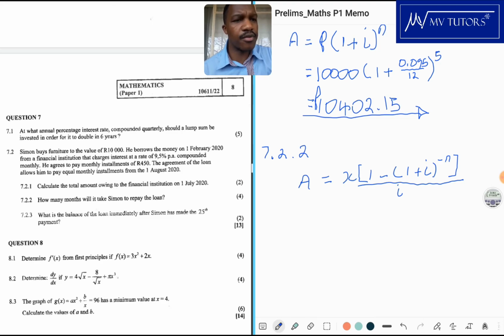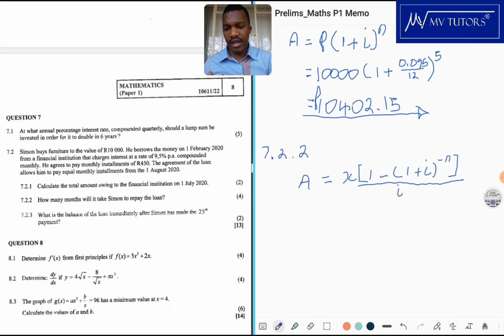Okay, let me just substitute at this point. Our A is the amount he owes. Remember, if he's starting on the 1st of August to pay, that means the amount that he's going to pay is 10,402. Why is that? It's because this formula assumes that if you take a loan in a month, like he did, if he takes the loan in February, he is supposed to start paying at the beginning of March, the following month.